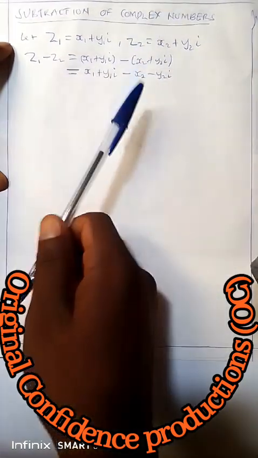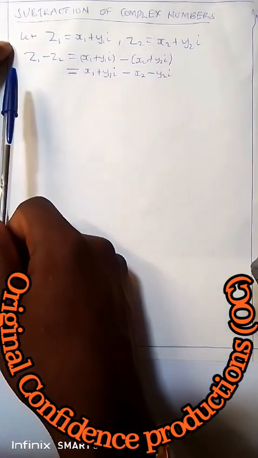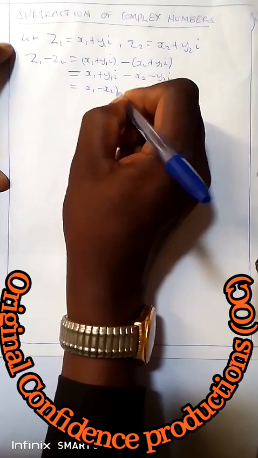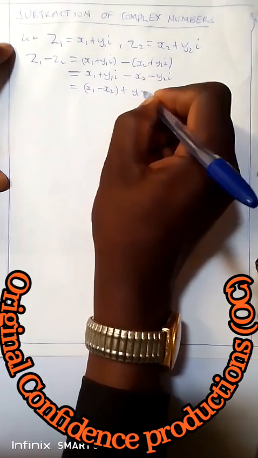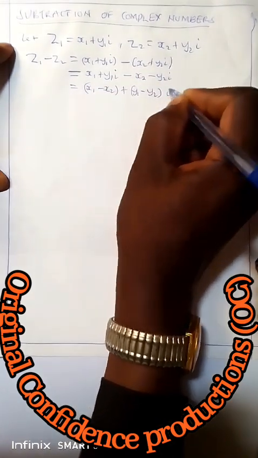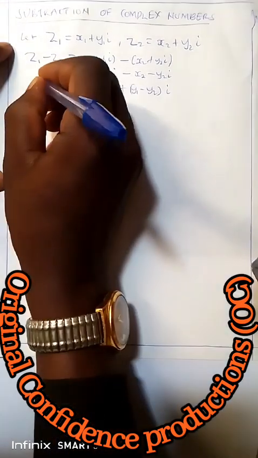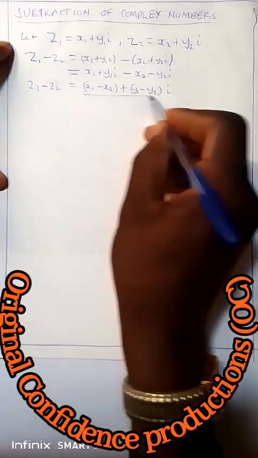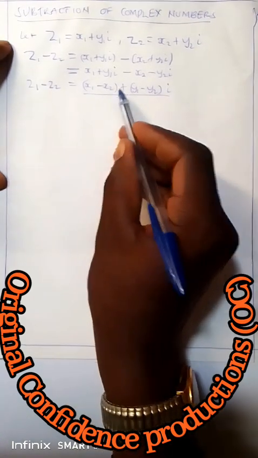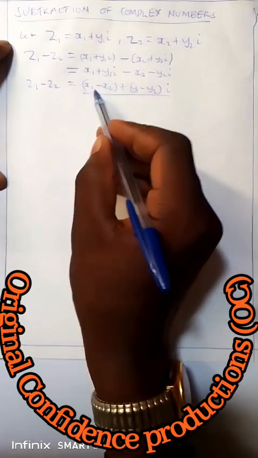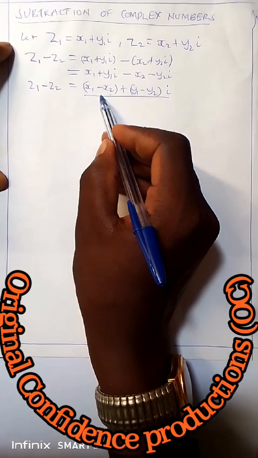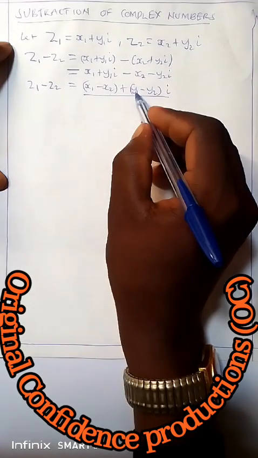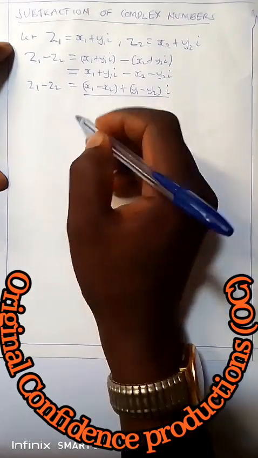When you collect like terms together, real parts together and the imaginary parts together, we shall have x1 minus x2, then plus y1 minus y2, then i. So if you have z1 minus z2, you get the answer with a real part and the imaginary part still. The real part is the difference of the two real parts of the two complex numbers, and the imaginary part is the difference of the two imaginary parts.